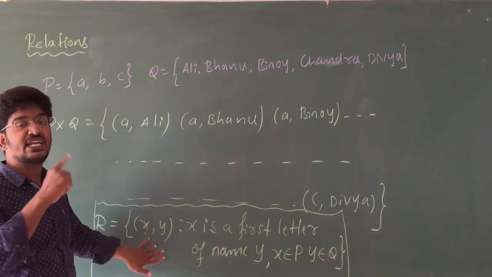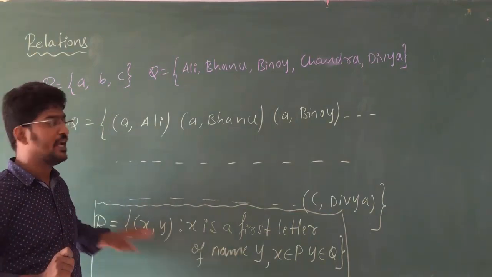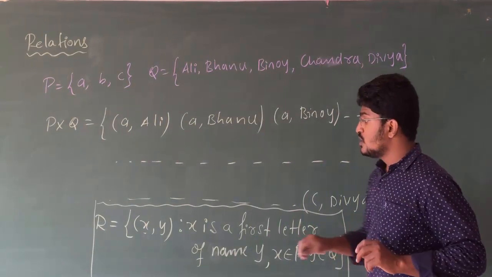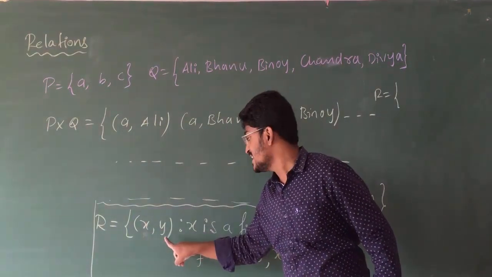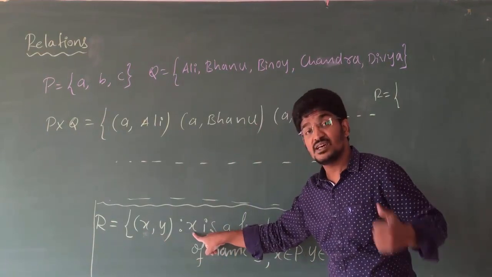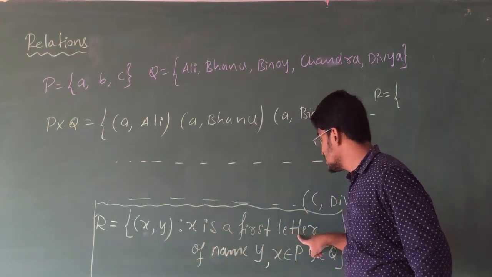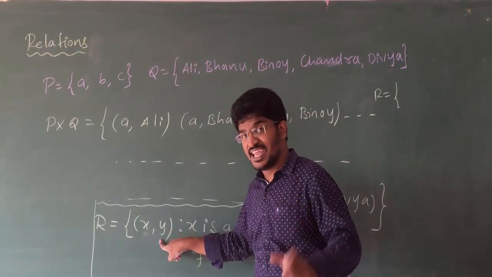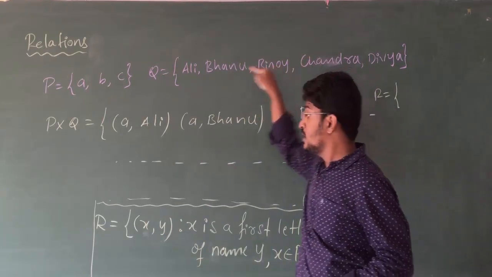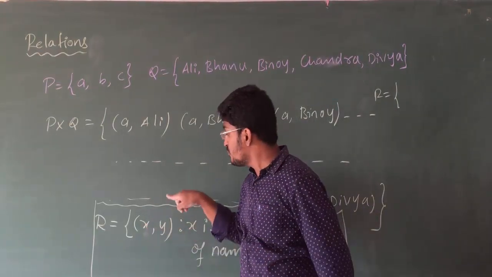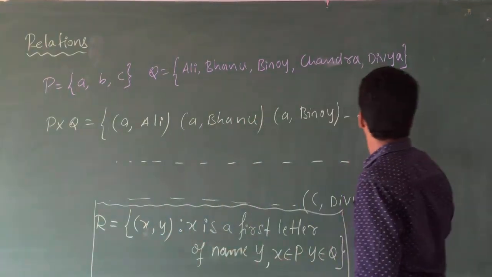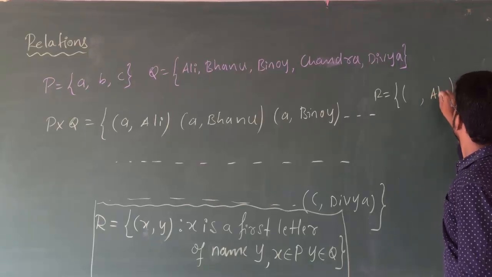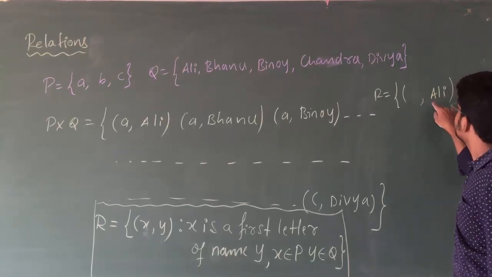Okay. This is the definition method. The same thing I will write in roster method so that you will get a clear idea. See here. R equal to: first letter is x, second is y. x is first letter of name y. Clear? That means y must be the name that is from Q. x must be the first letter of this name. For example, I can write, see here, Ali. If I write Ali, what is the first letter?